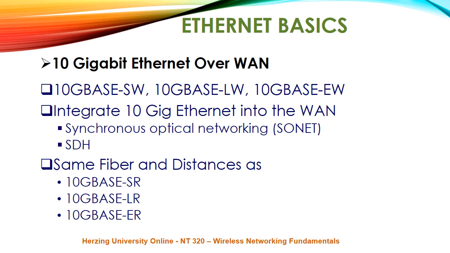Now, SONET meaning synchronous optical networking, and SDH meaning synchronous digital hierarchy. These are the same type of fibers, connectors, and the same type of distances as we have for the 10G base SR, 10G base LR, and 10G base ER.